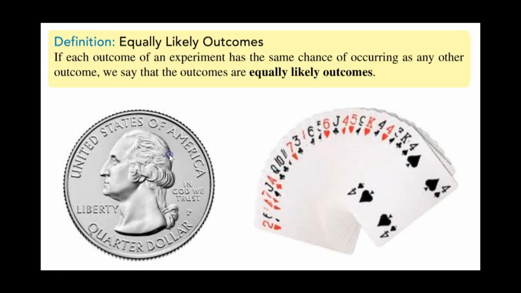Now, equally likely outcomes, this is where we basically say that it can't be changed. Whatever the outcome is, it's completely equal as far as the outcome. Just like a coin being flipped, unless you've got a shady person that has two heads, most all coins are going to be heads and tails.